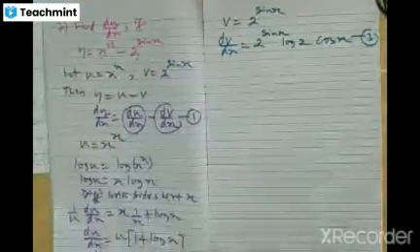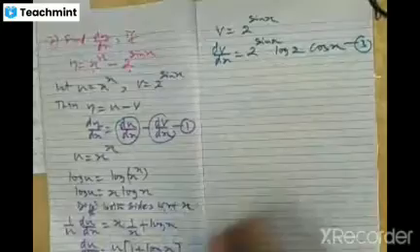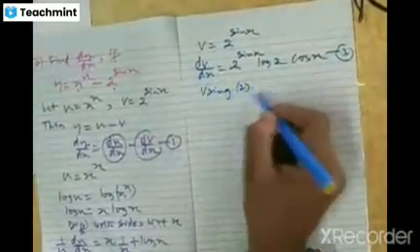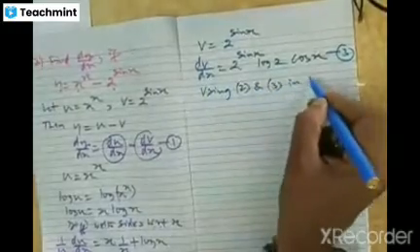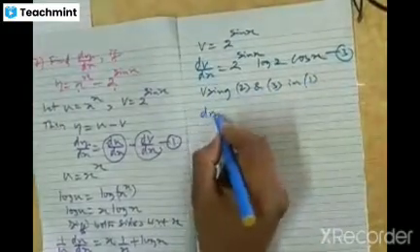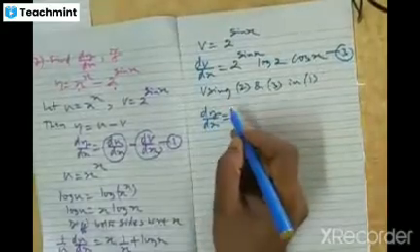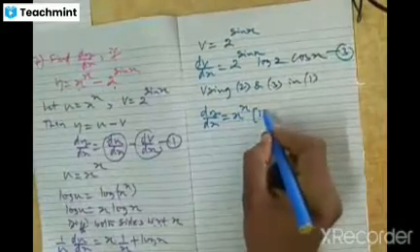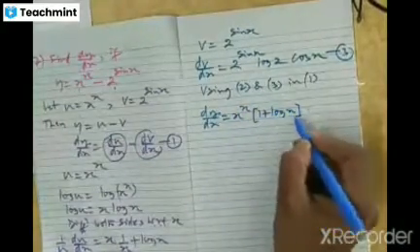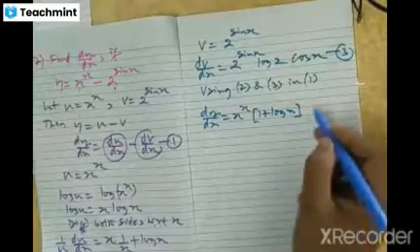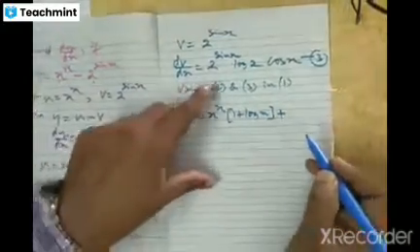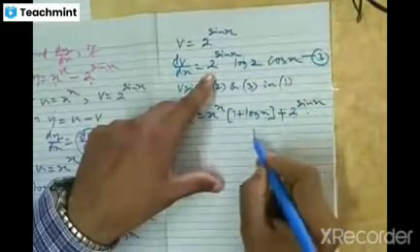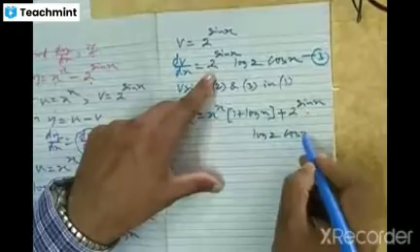Now use equations 2 and 3 in equation 1. So using equations 2 and 3 in equation 1, we get dy by dx is equal to du by dx, that is x power x into 1 plus log x, plus dv by dx, 2 power sin x into log 2 into cos x.